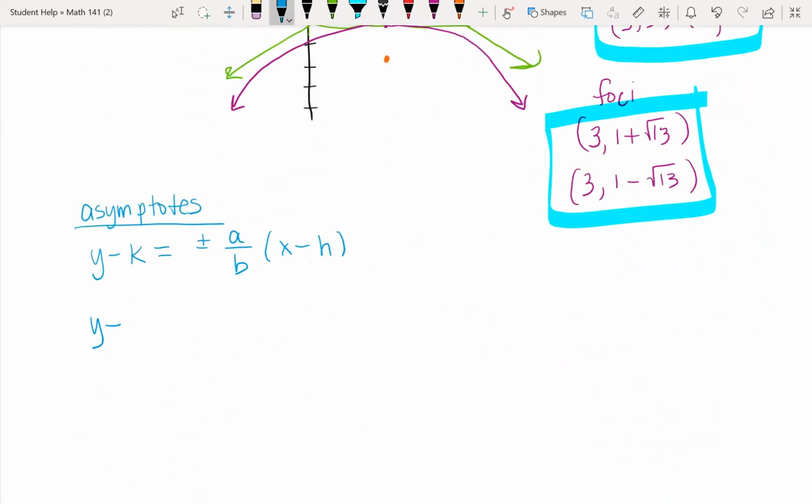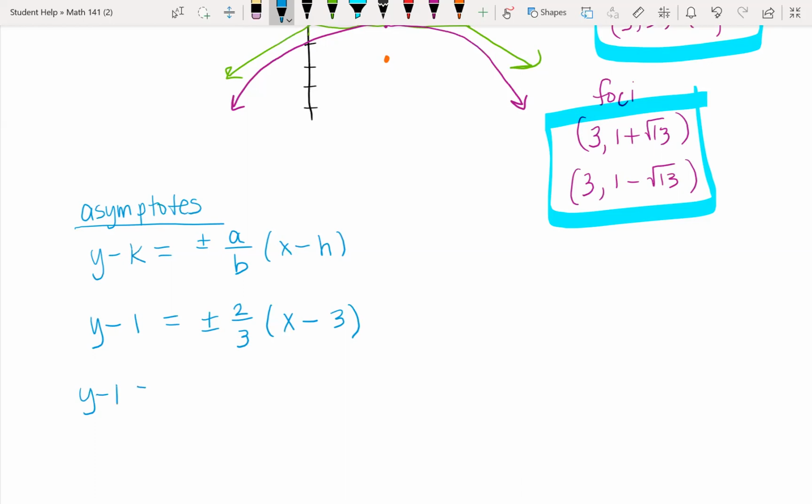So y minus k was 1. A is 2, B is 3, and then x minus 3.